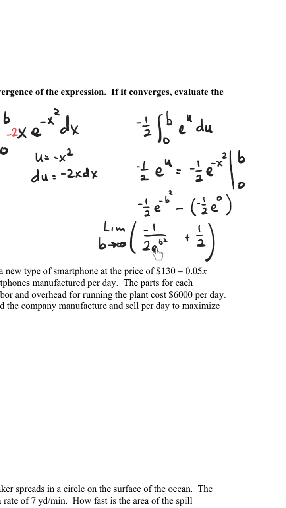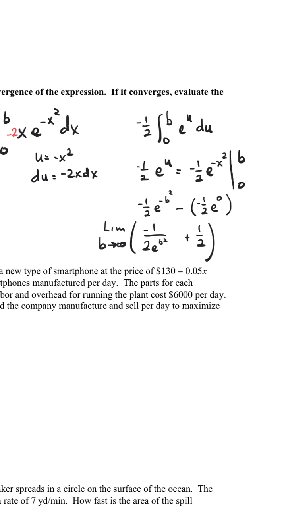So if we have a number approaching infinity, meaning b is getting larger and larger, you square it so it gets even larger. E to that increasing power just means 2e to the b squared is a numerical value that's increasing very, very rapidly and very, very large. But negative 1 stays the same. So negative 1 over a big number that's getting bigger and bigger, the overall value of that fraction gets smaller and smaller towards 0.